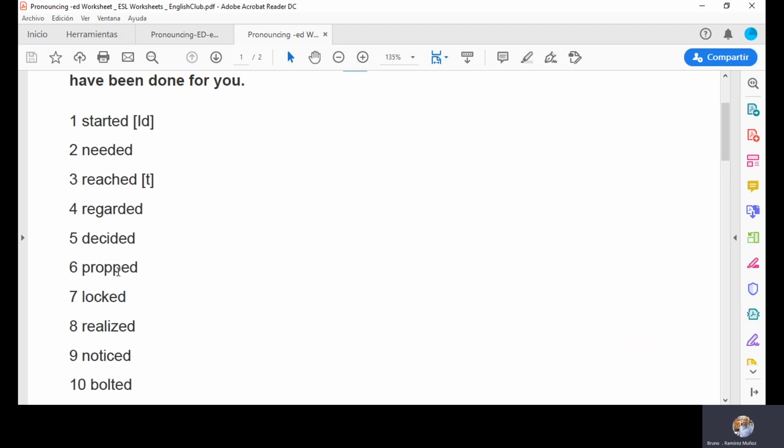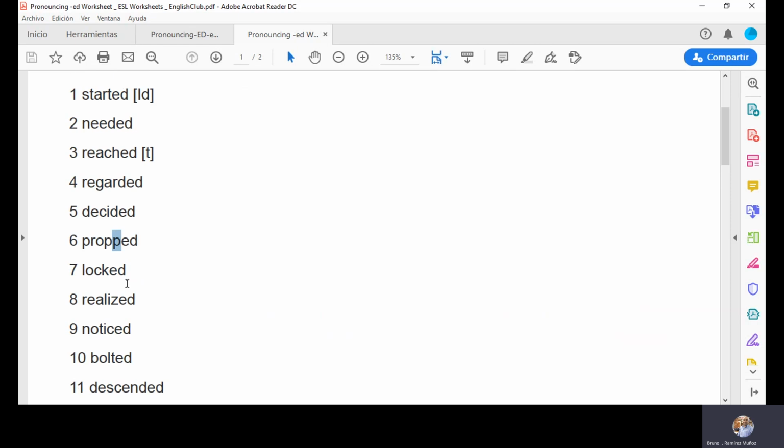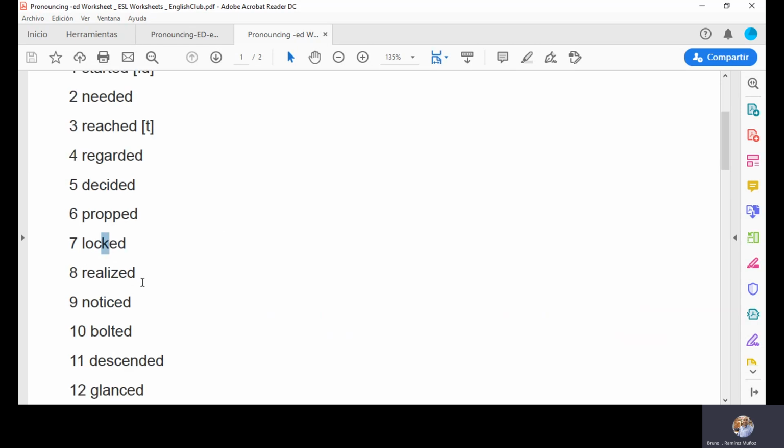Number 6, propped, with a t, because we end this verb with a voiceless consonant sound. Number 7, locked, t, right? Because the last consonant sound here is voiceless as well.